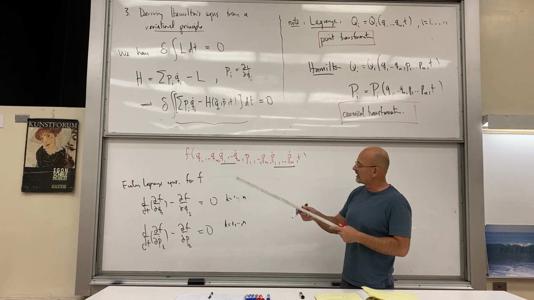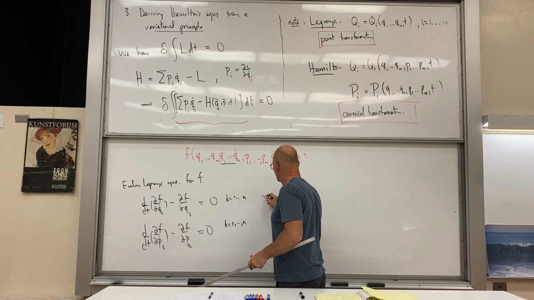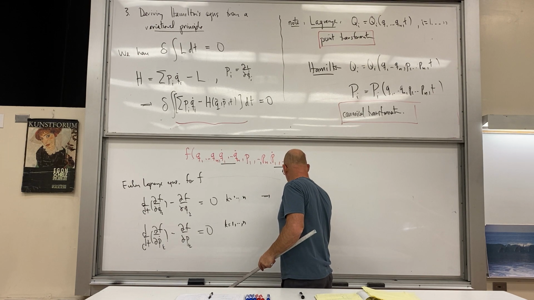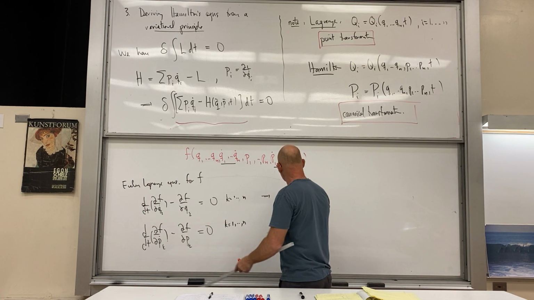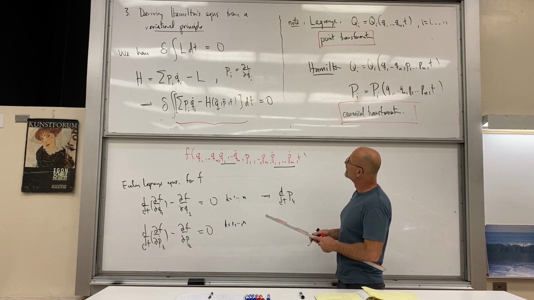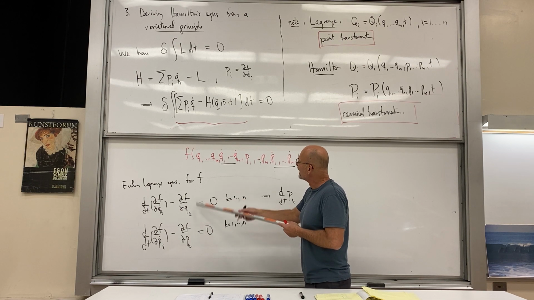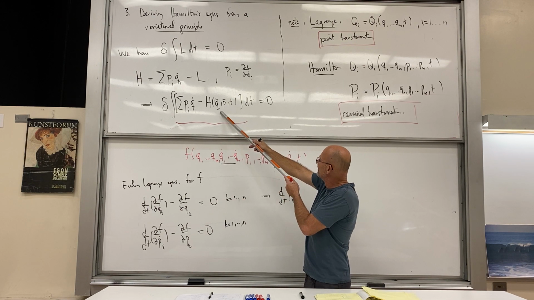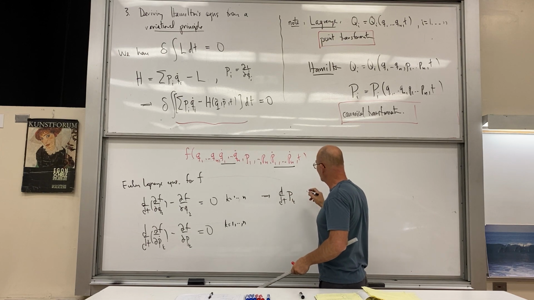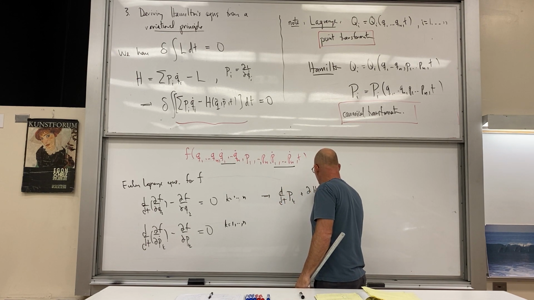Okay. So now we'll pick these off. dF/dQ_K dot is P_K, and we have a complete time derivative, d/dt of P_K, minus dF/dQ_K. Okay, the Q_K is in here, so it's minus a negative, that's plus dH/dQ_K is equal to 0.